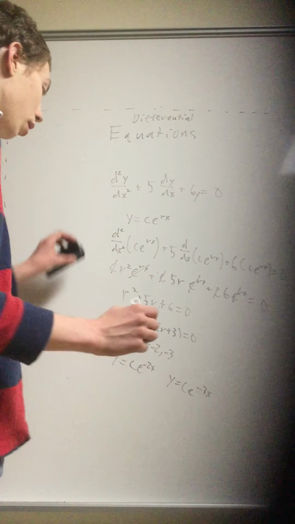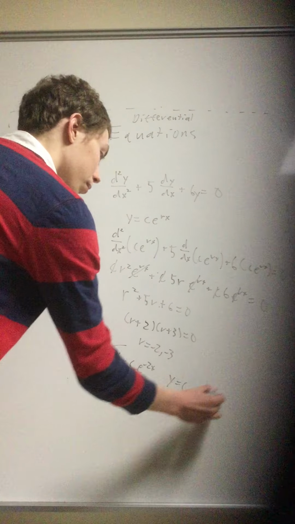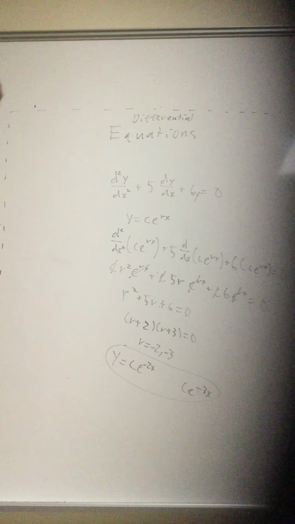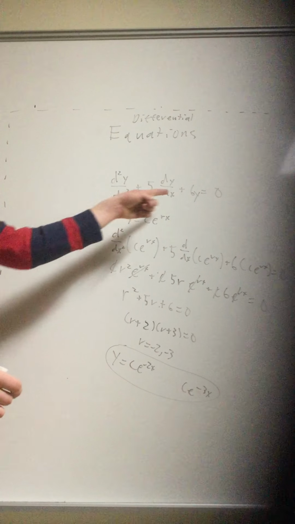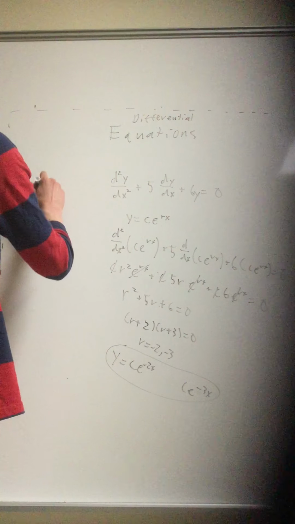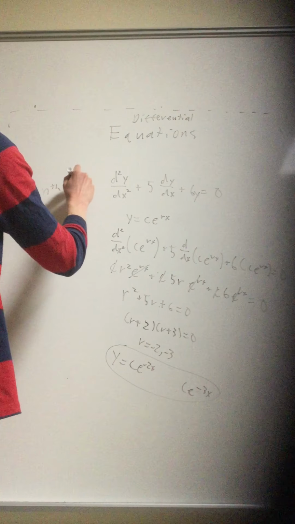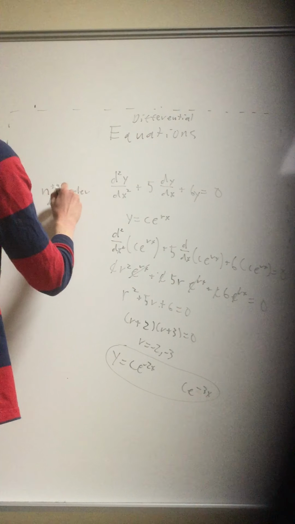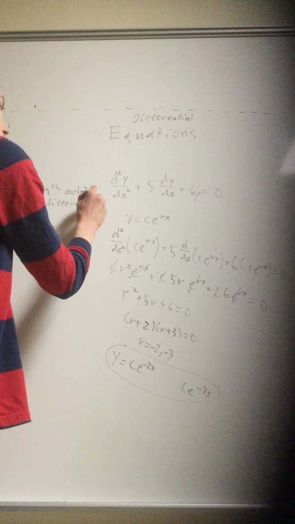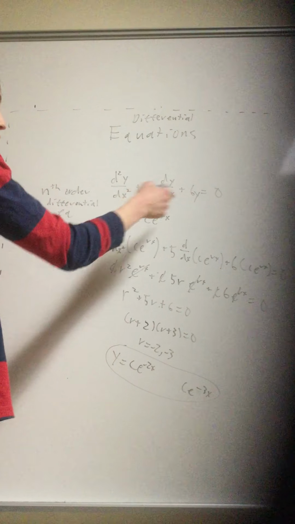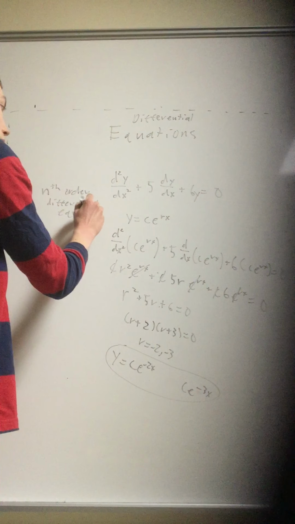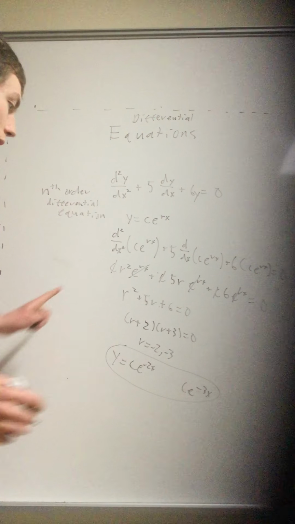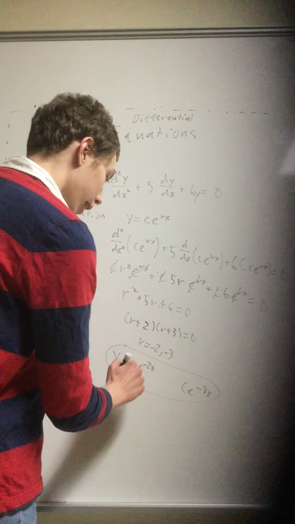It turns out that if you take a differential equation, you're going to get n different solutions if it's an nth order differential equation. For most cases, for most like normal differential equations. And if it's linear, then they're just going to be what we would call a linear combination.